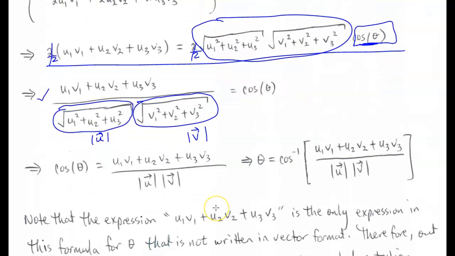So if we look at that, and we actually do the arc cosine or cosine inverse, we see that the only thing that's not written in terms of just a vector is this particular quantity here. Of course, those are all component values being multiplied by each other and then added. So that's going to be a scalar value or real number value.